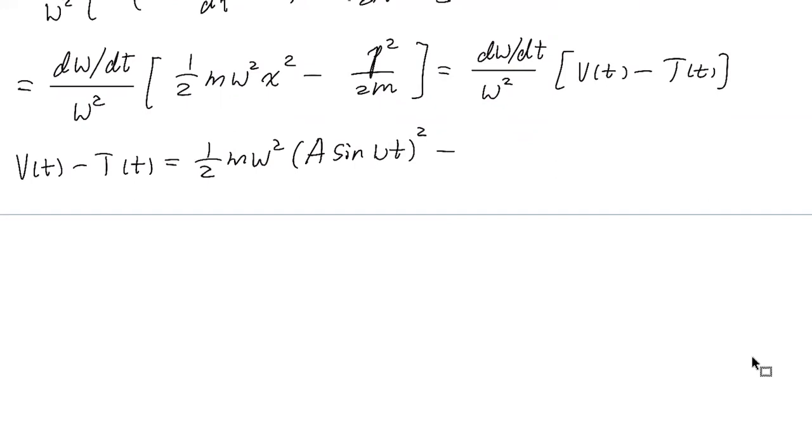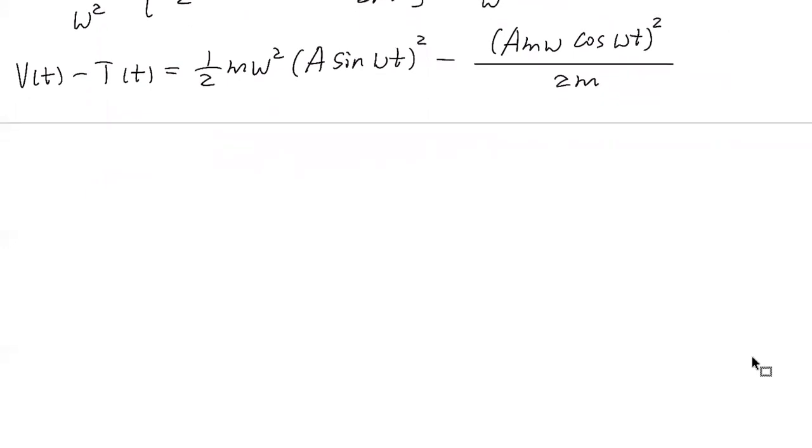Minus p squared over 2m. p is m dx/dt. x is a sine omega t, and therefore p is m omega a cosine omega t, squared, divided by 2m. And this is equal to negative 1/2 m omega squared a squared cosine 2 omega t.